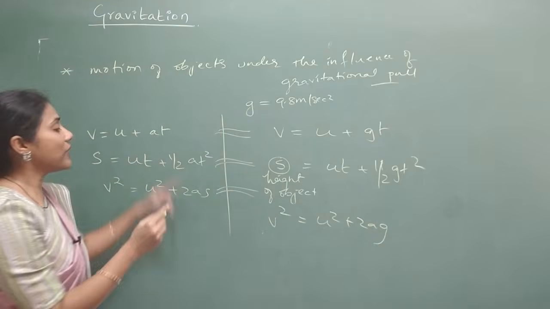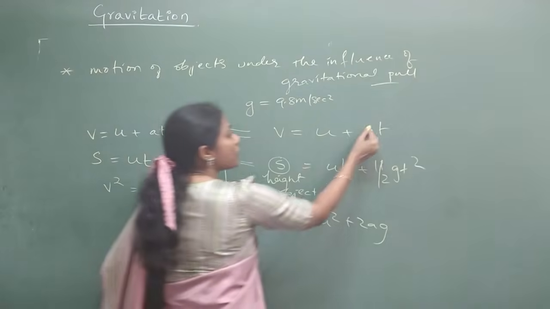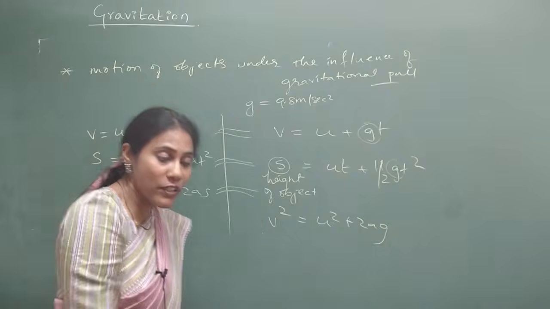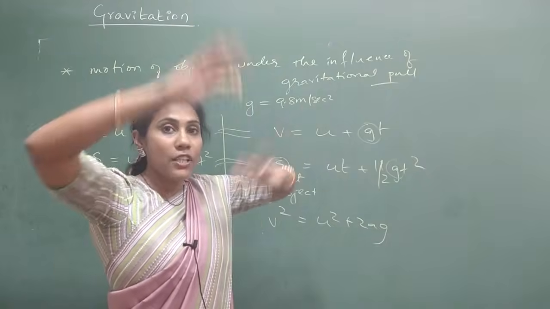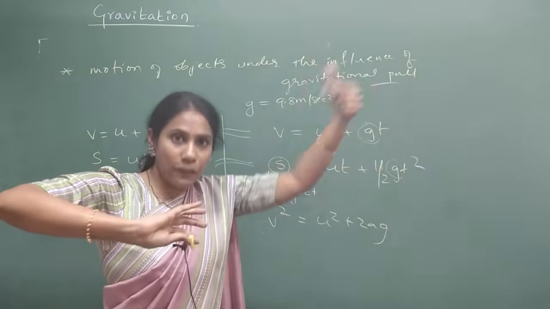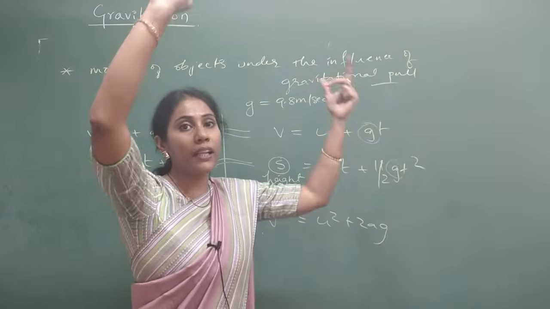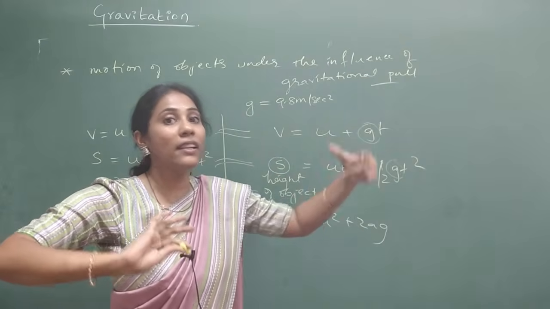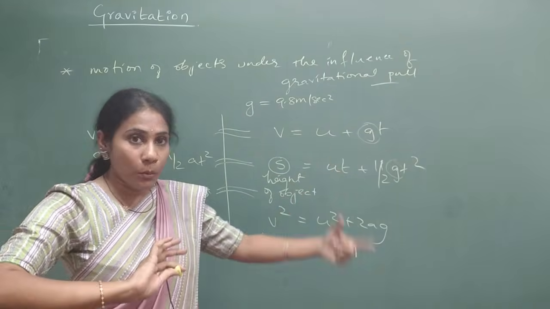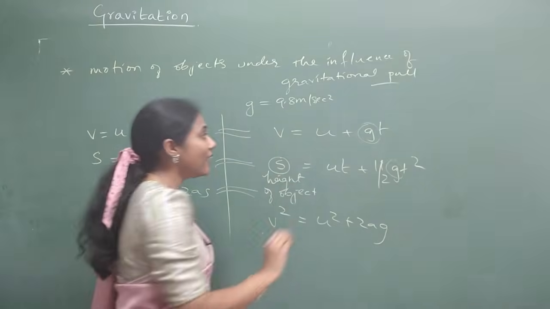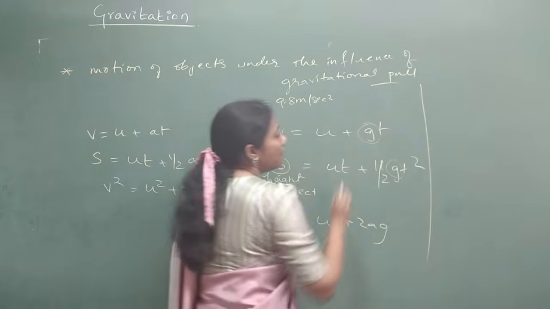Here instead of a, I have used g for an object which falls onto the ground or objects which go up from the ground. Whenever you have to do with this kind of motion, that is, an object falling down and an object going up, these formulas you have to use. And here the sign of g is very important.